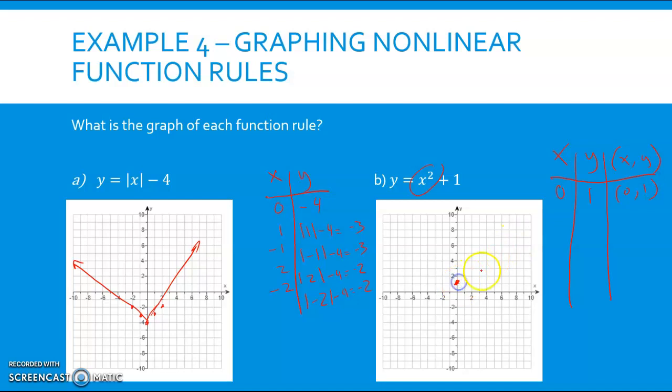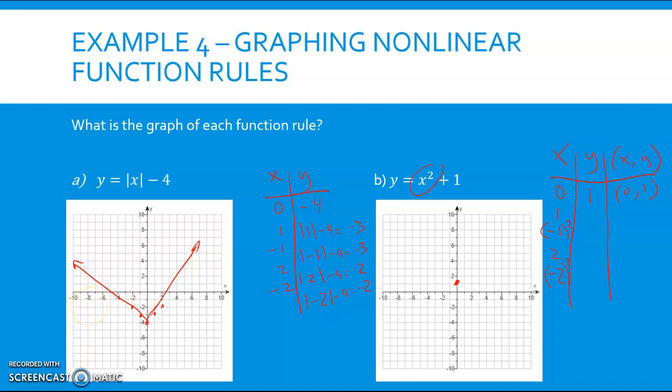It gets weird here though. So if I go 1, negative 1, 2, negative 2, when I put negative numbers in and I square them, that's a negative times a negative, which makes a positive, exactly like I did with the absolute value. The difference is we get a curve here. It doesn't increase linearly, one input, one output.